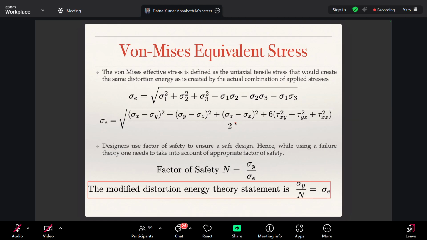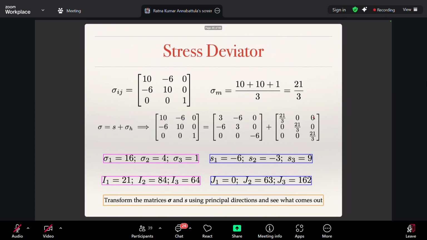Have you written the formula? Yes, sir. So now that you have written the formula, let us go back to the problem.